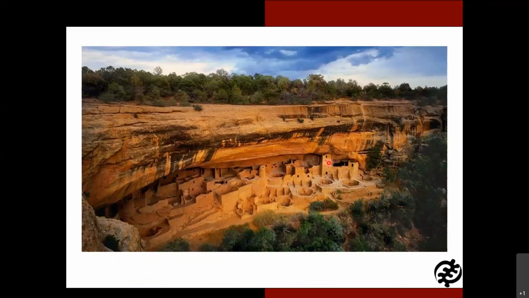And you can go to Mesa Verde and walk among their village and through their homes. What if these were destroyed because of acid rain? What is the value of it?